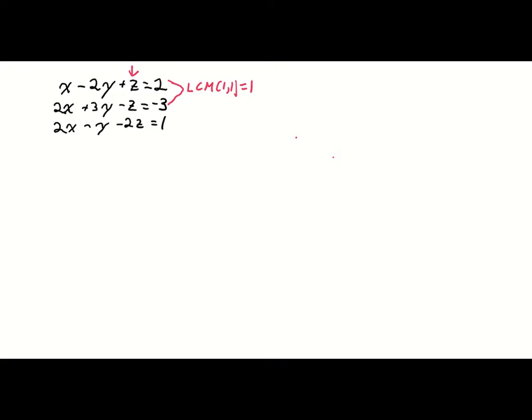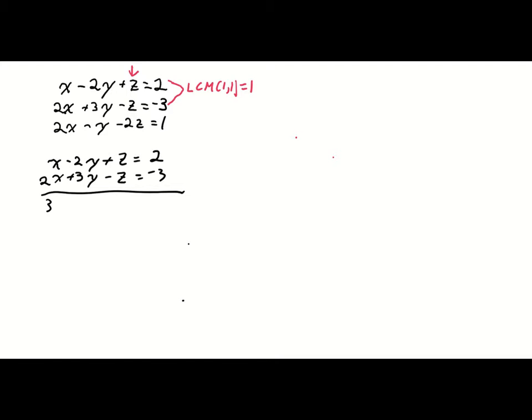We already have a positive 1z and a negative 1z. So we'll copy them down here. x minus 2y plus z equals 2, and 2x plus 3y minus z equals negative 3, and we add up the pair of equations.